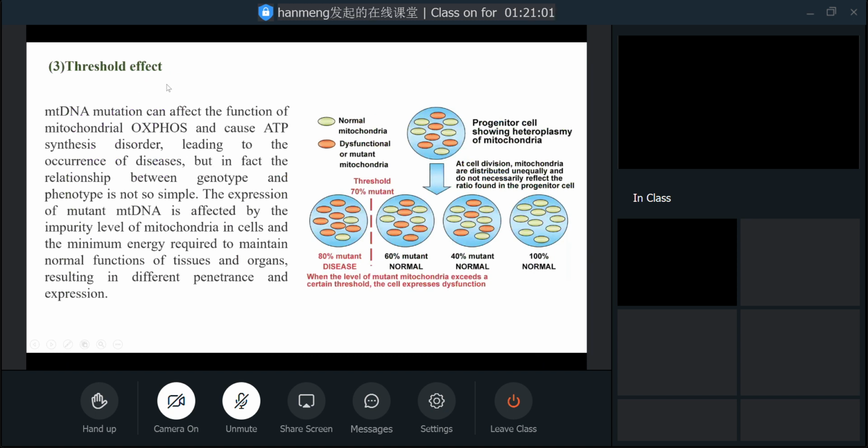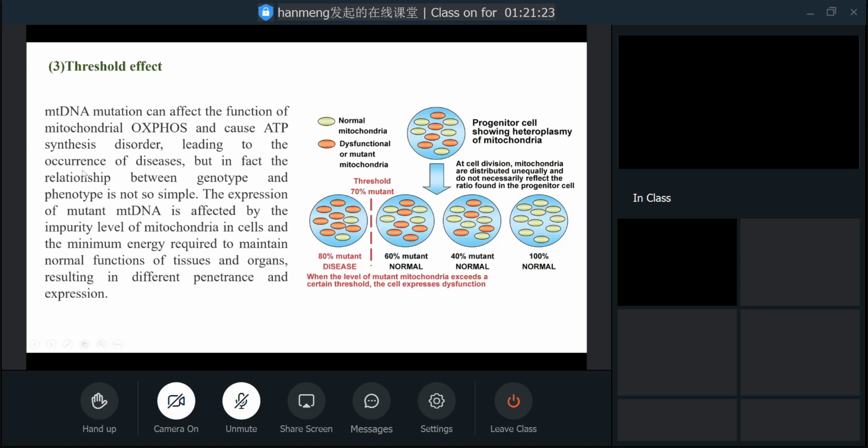The mitochondrial DNA mutation can affect the function of the mitochondrial OXPHOS system and cause ATP synthesis disorder, leading to the occurrence of disease. But in fact, the relationship between genotype and phenotype is not so simple.